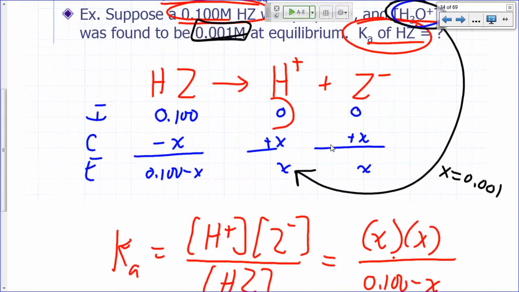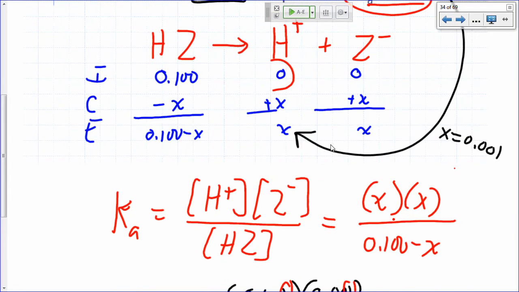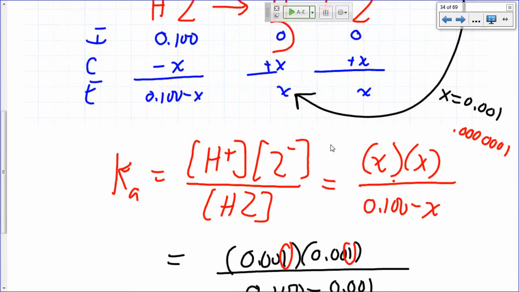In fact, how does 10 to the negative 7, which is 0.0000001, compare to 0.001? It is negligible, right? So you can ignore it. Now sometimes you might not be able to ignore it, so you have to be alert to that possibility. But most of the time, at this level, we don't ask you questions like that.